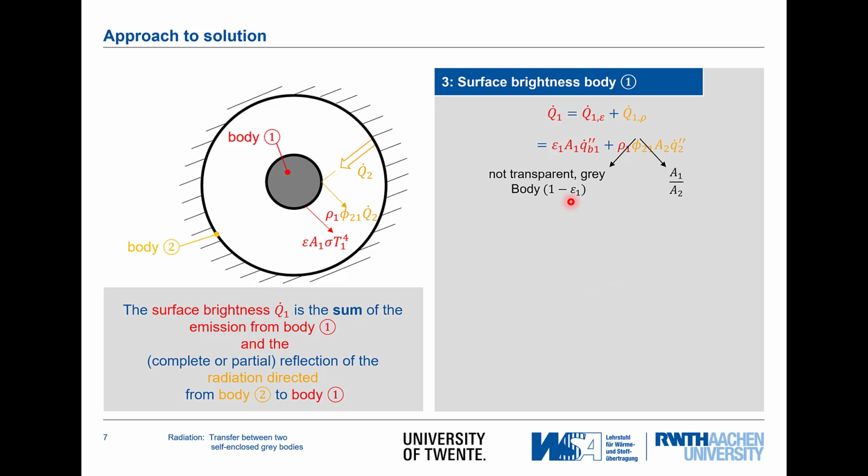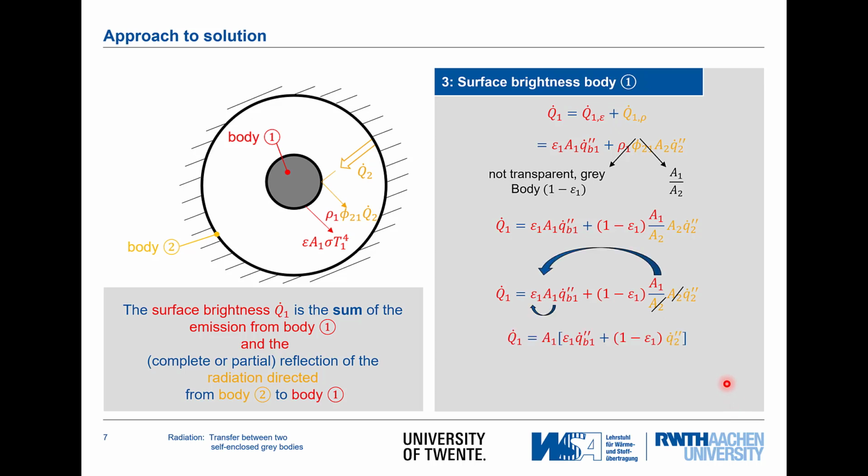So we can then also put in the view factors and get finally this equation. Now we can get rid of these areas here and then pull A1 in front. So this is now the surface brightness of surface 1 of object 1. Unfortunately, it carries here also the surface brightness of 2.